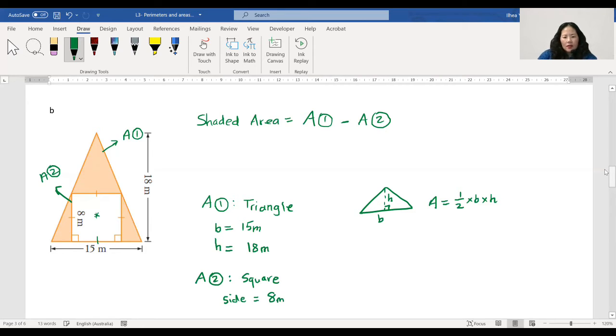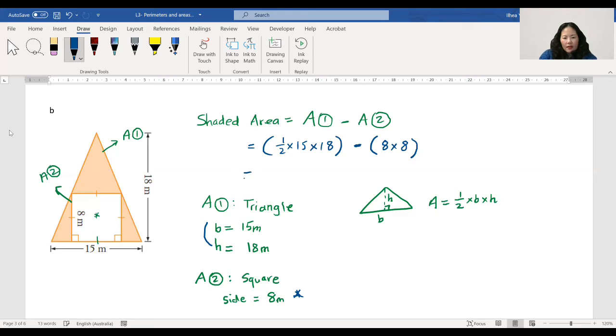Okay, so I'm going to find area is half times base, so all information here. Base is 15 times height is 18 minus the area of the square. It's this one, which is 8 times 8.